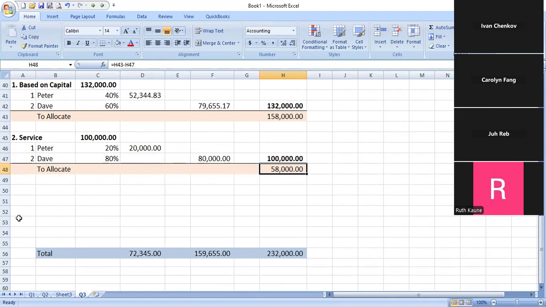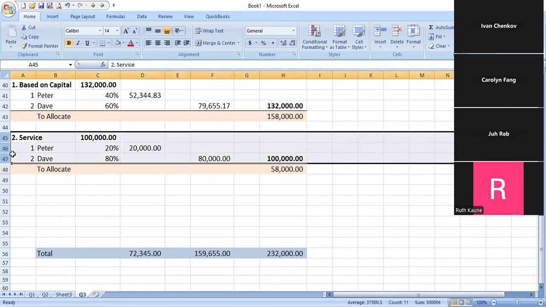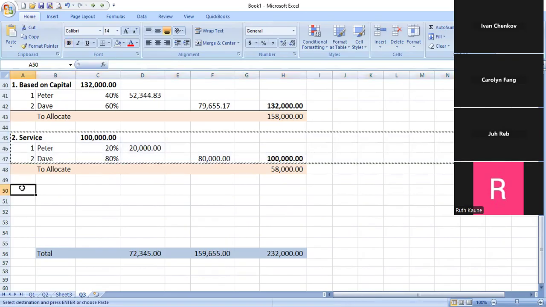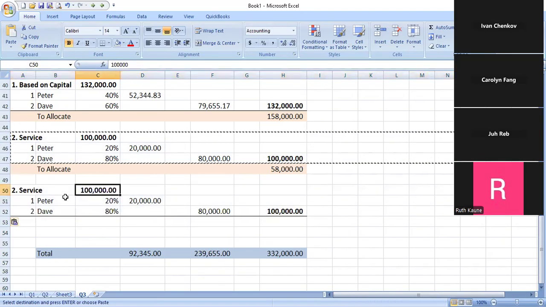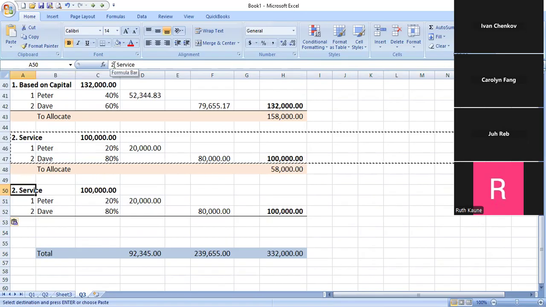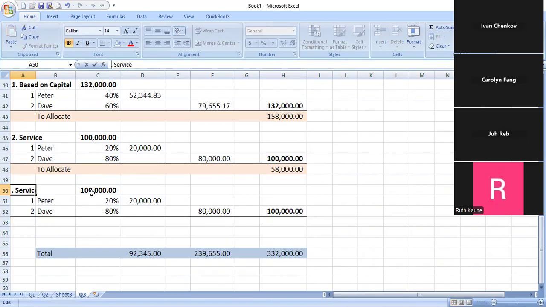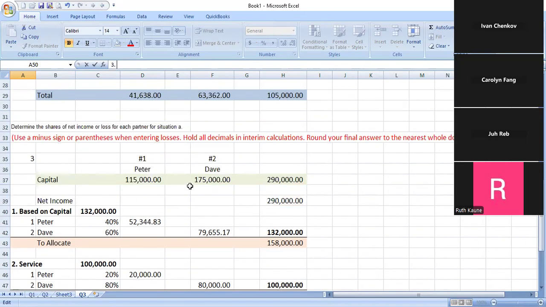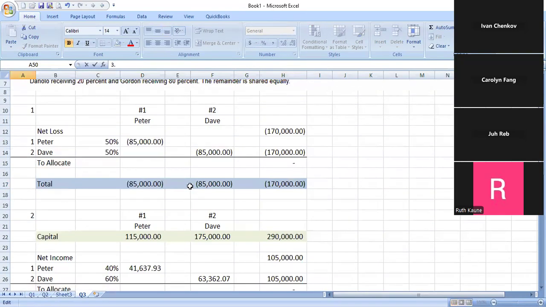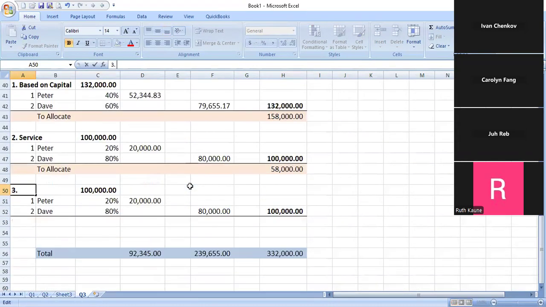For the third calculation, I'm going to get those two, Control C, paste it here, and that's going to be the remaining. Now that will be what it says here, equally.